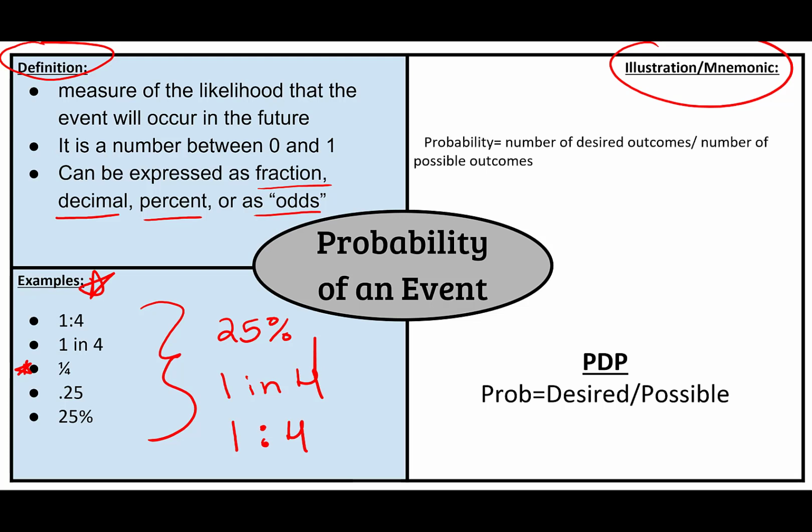Again, this is going to take some practice with you understanding word problems and problems that you're given. But a quick way to remember that probability equals desired outcomes over possible outcomes is using this phrase mnemonic, PDP. Probability, P, equals desired outcomes, D over possible outcomes, PDP.